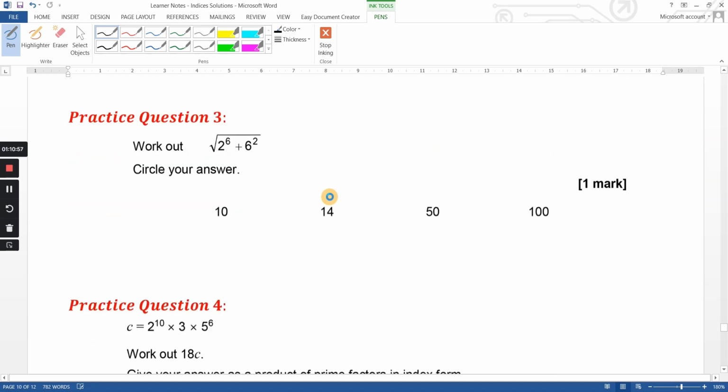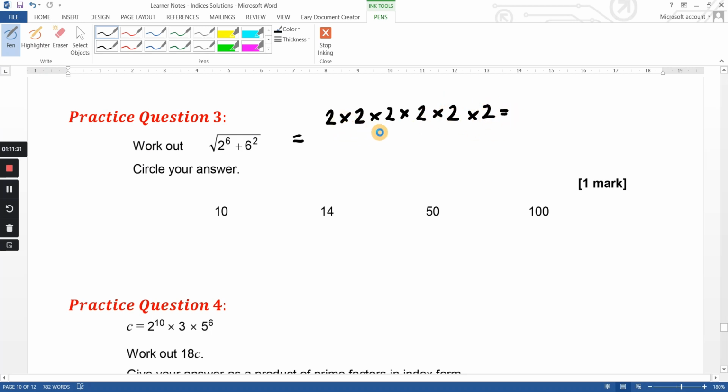Practice question 3, work out square root of 2 to the power 6 plus 6 squared. Ooh, just be careful with this one. In fact, you know what, 2 to the power 6, that's not too bad to work out, neither is that. Let's work out 2 to the power 6, that means 2 times 2 times 2 times, in fact, let me just write it out so I'll show you guys. 1, 2, 3, 4, 5, 6.